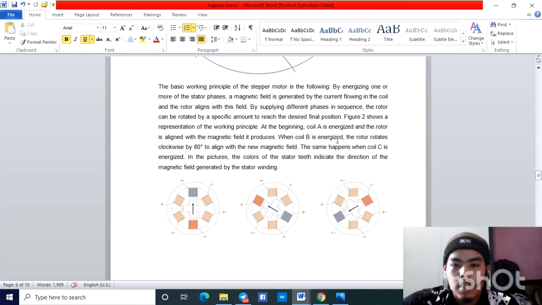When coil B is energized, the rotor rotates clockwise by 60 degrees to align with the new magnetic field. The same happens when coil C is energized. As in this picture, at A it moves to the left, moving to B. Next, when C is energized, it moves to C.